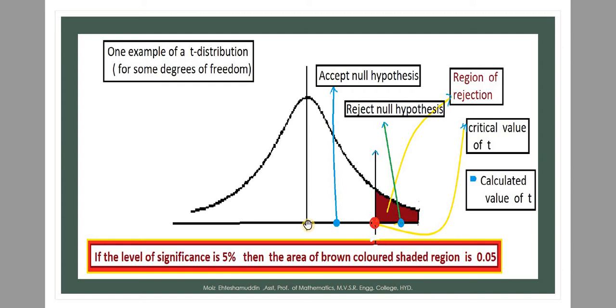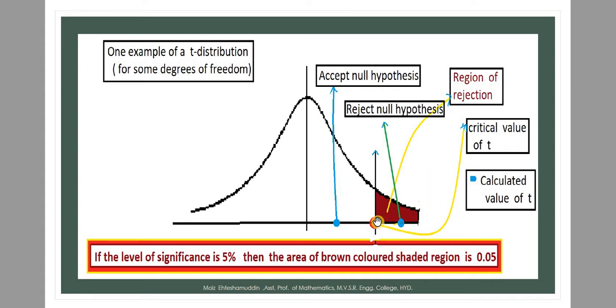Here is t value 0, and t is increasing in this direction. So if t is 1 here, for example, then t is 2 here and t is 3 here. If the calculated t value is less than the critical value, then we accept the null hypothesis. If it is greater than the critical value, we reject the null hypothesis.